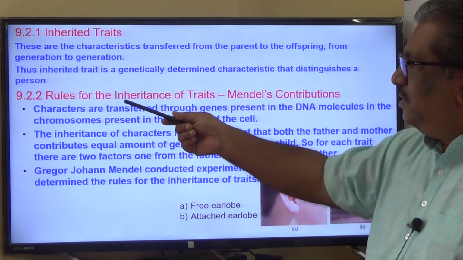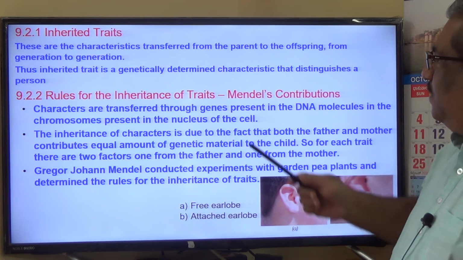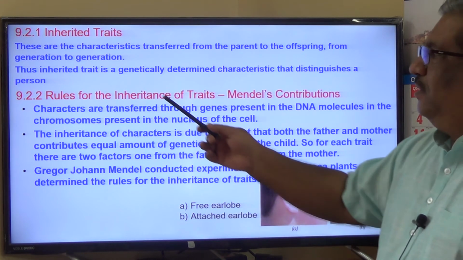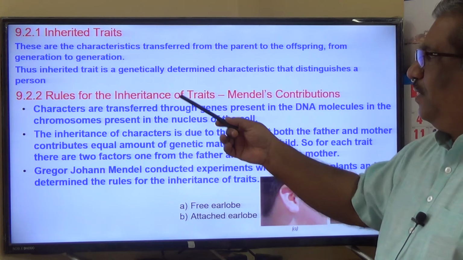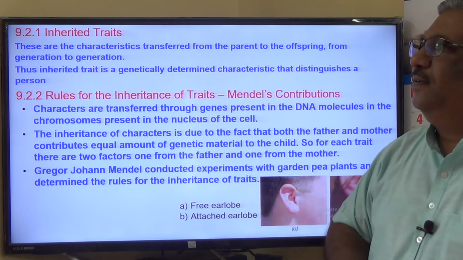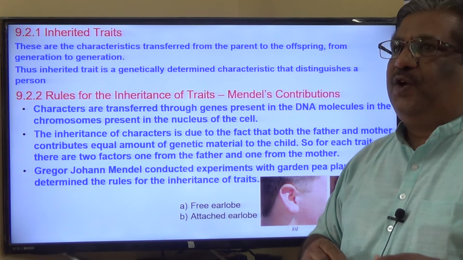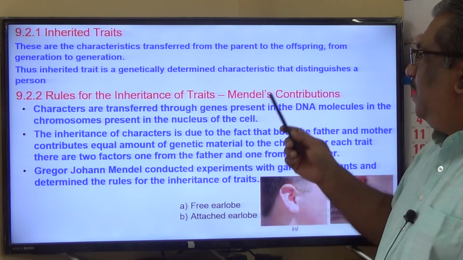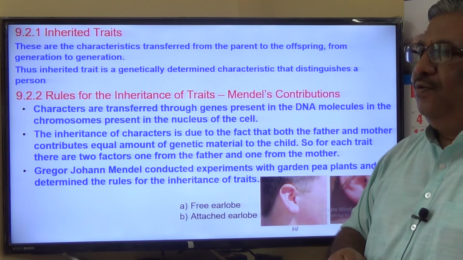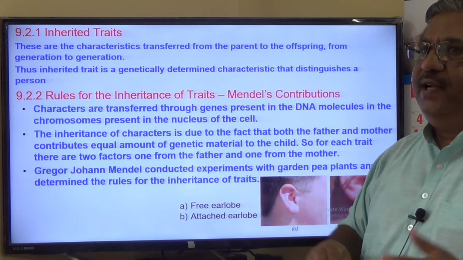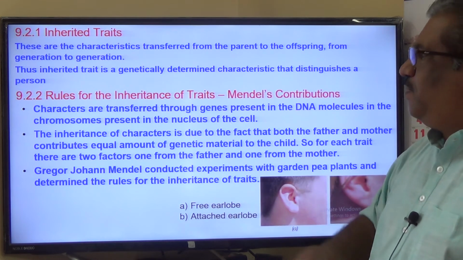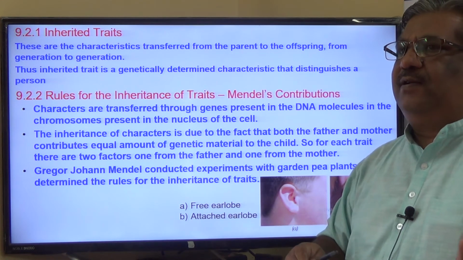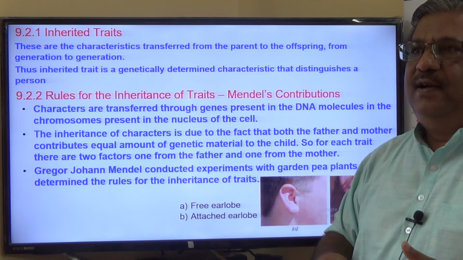Now, next are the rules for the inheritance of traits. The rules for the inheritance of traits were formulated by Gregor Mendel, who was a mathematician, but he did experiments on pea plants, and finally he concluded certain points or rules.